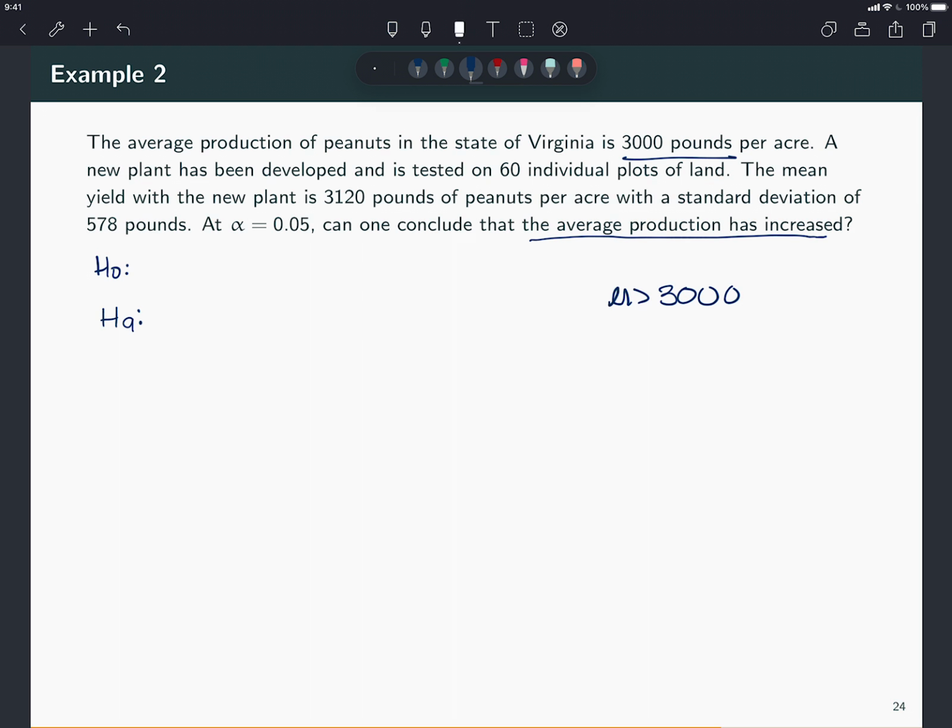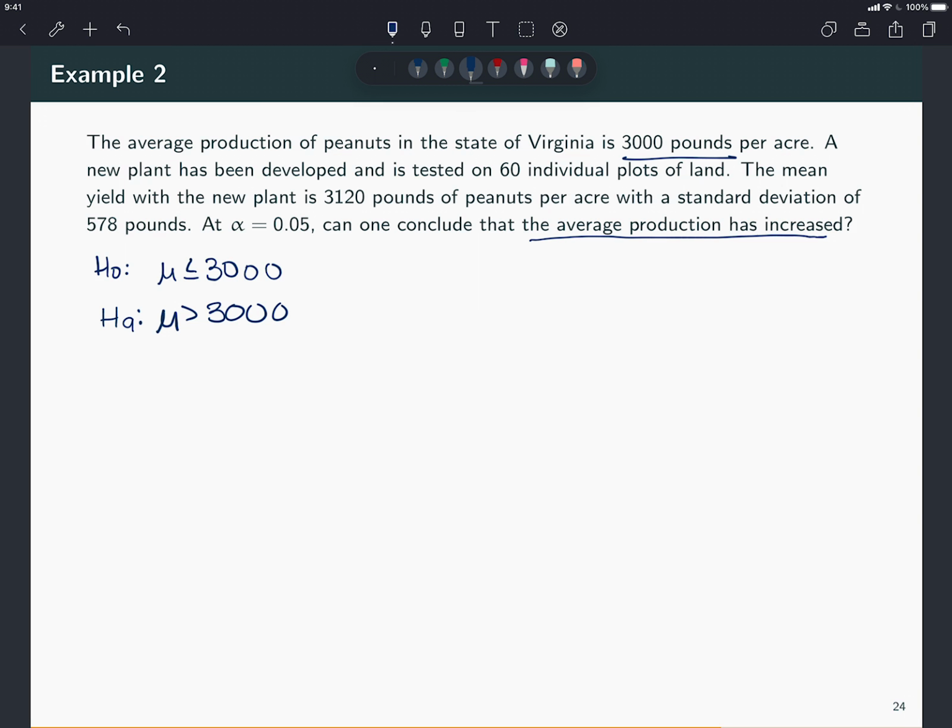And if you recall, because it does not include the equal sign, this is the alternative hypothesis, which means the complement, the one that includes the equal sign, which would mean the mean is less than or equal to 3,000, would be the null hypothesis, the H0. So if it didn't increase, it means it stayed the same or decreased.